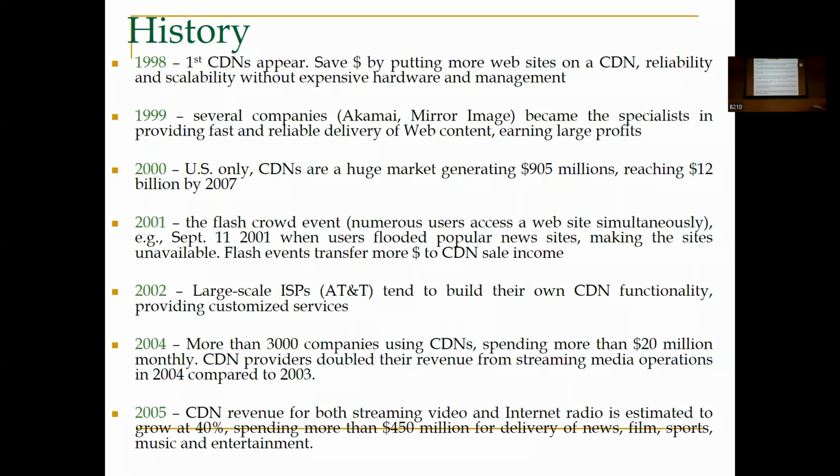CDN is basically providing services very close to the customer, so that whenever any request is raised, the service is provided at a much faster pace. So it started in 1998. Then some companies like Akamai and Mirror Image, American companies very popular for CDN services, came forward and started setting up their networks around the globe.